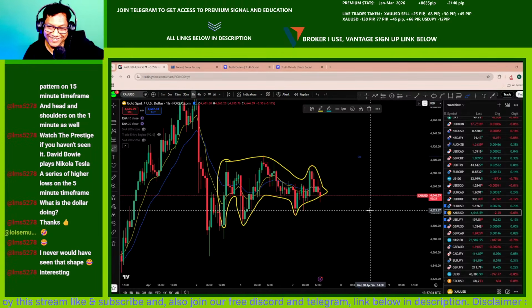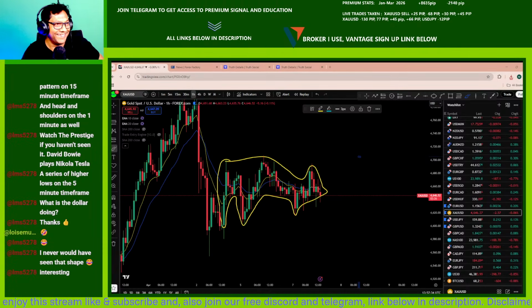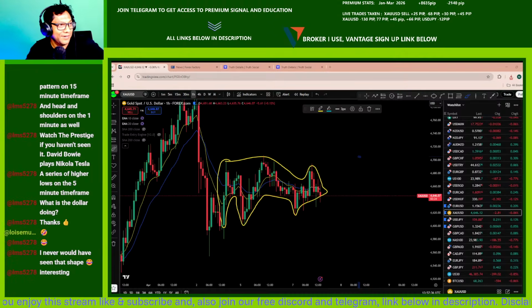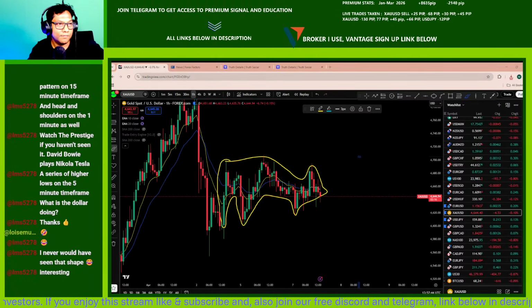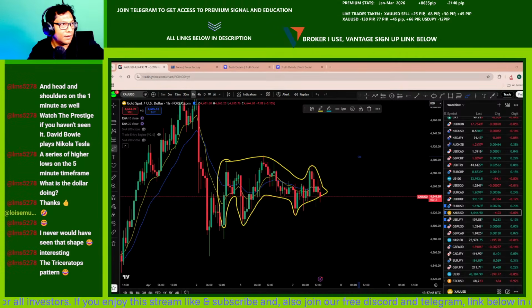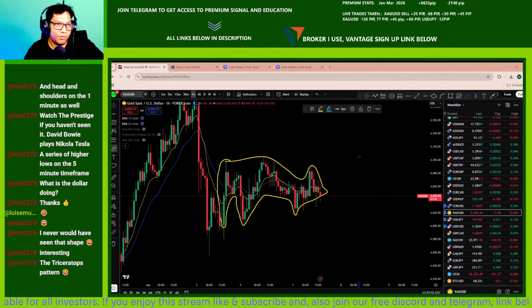Exactly that one. See, exactly the same pattern as Triceratops. Let me upload it on the chart. Let's match it, and then we will be looking at another entry.